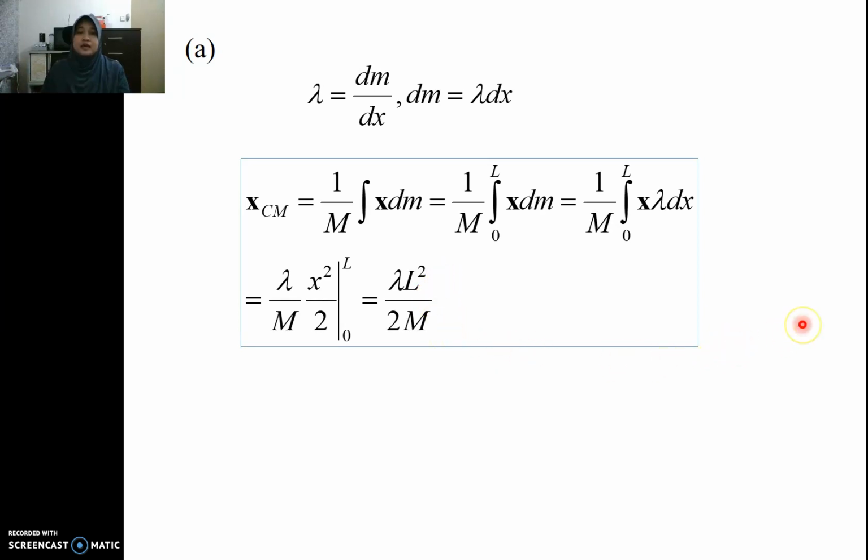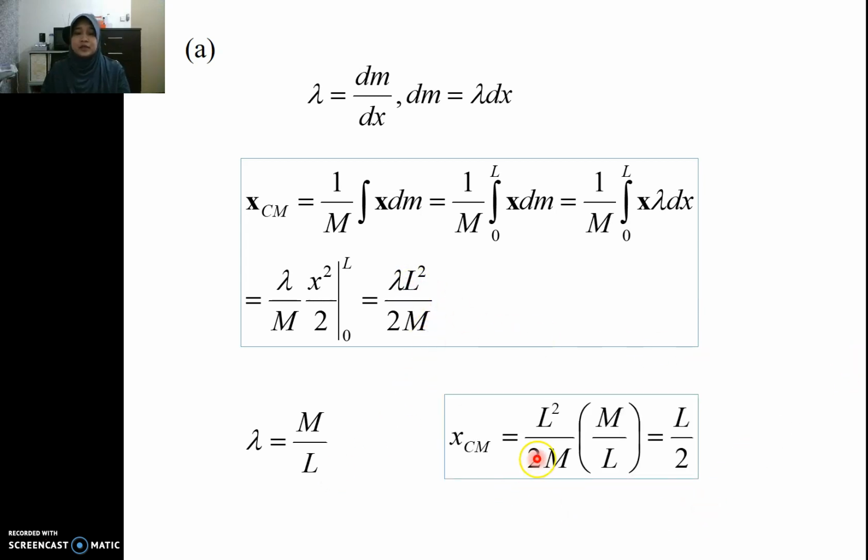But if we look at the entire rod, lambda equals the total m over total L. You substitute lambda into this equation, so we get m over L. Then finally, we have the center of mass of the rod, which is located at the center of the rod, so it is L over 2. That is for the first case.